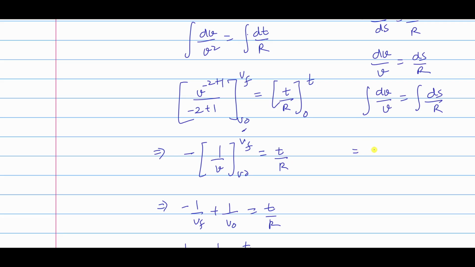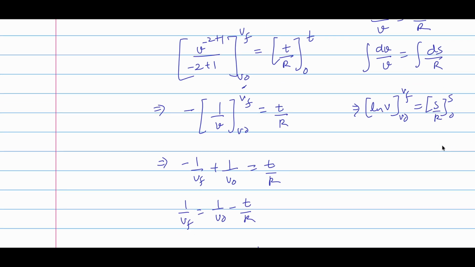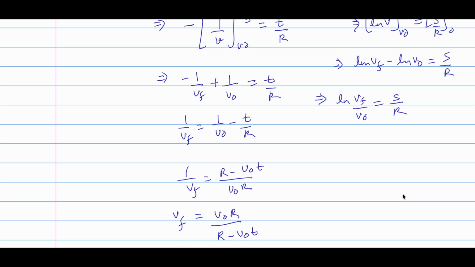Taking integral both sides, the integral of 1 upon v is ln v, from v naught to v final, is equal to the integral of ds, which is s, and r is constant, from 0 to s. You will get ln v final minus ln v naught is equal to s by r, and using the property of logarithm, ln of v final upon v naught is equal to s upon r.